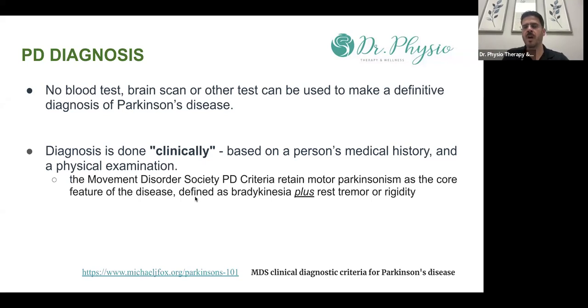So for the doctors to be firm regarding the diagnosis, at least that's how they start. There are a lot of red flags or exclusion criteria that they have to work on, and rule in and rule out to go around the diagnosis, but the core are those things: bradykinesia, resting tremors, or rigidity. Okay.